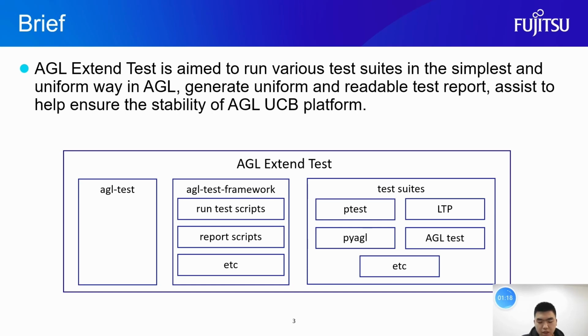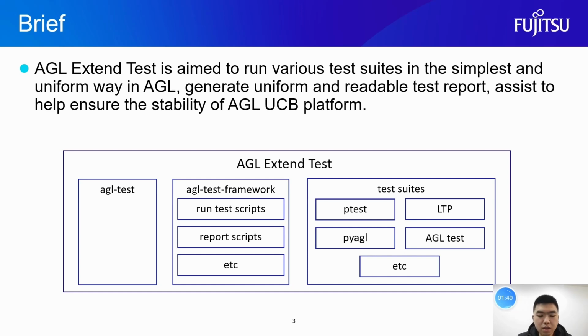You can look at the image below, from left to right, as AGL test, AGL test-framework, and test suites. The first is AGL test, which is the entry command of the AGL Extend Test.